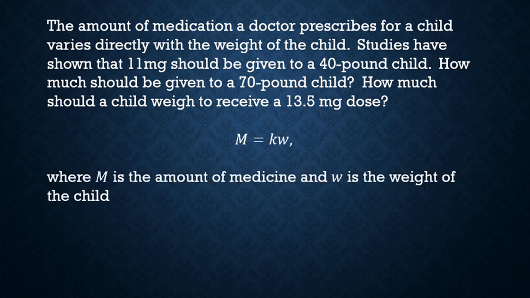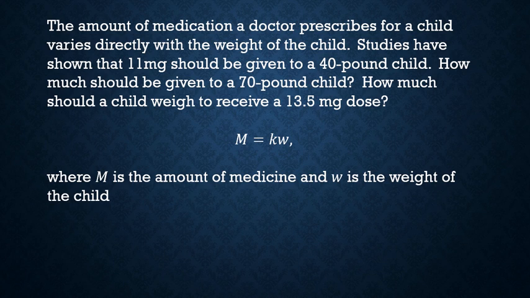I called M the amount of medication, and I let W be the weight of the child. The question said that these things vary directly, so M is going to equal K times W. This was step one in our four-step process. We just set up the model that we're using here.